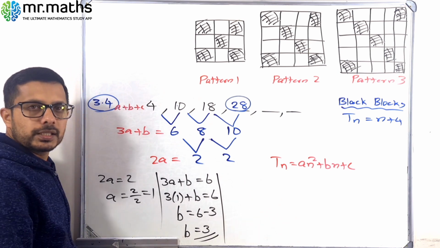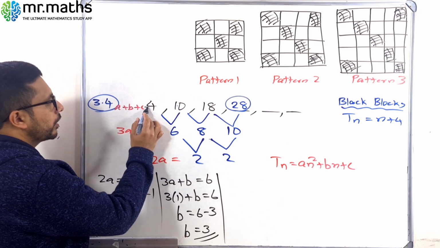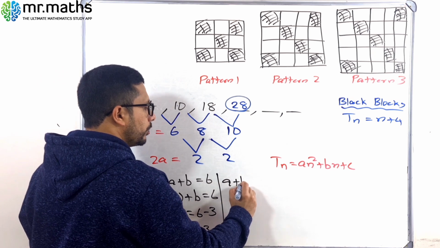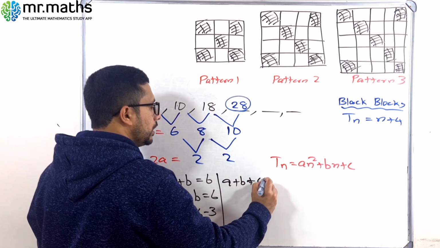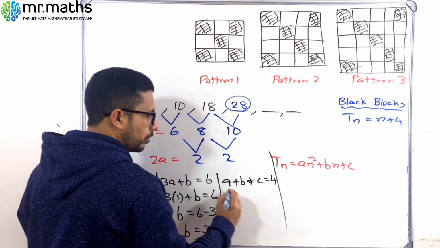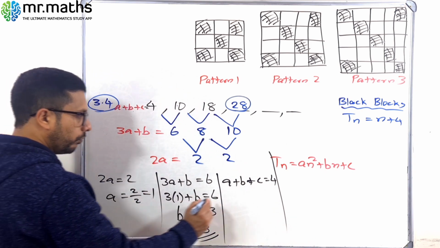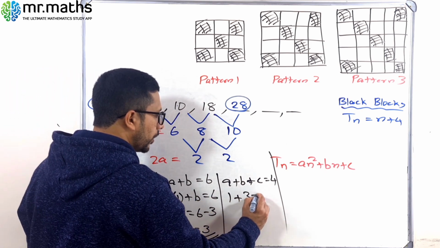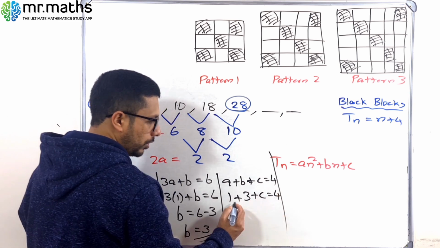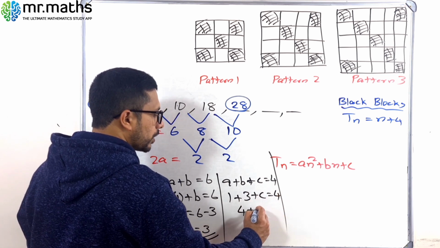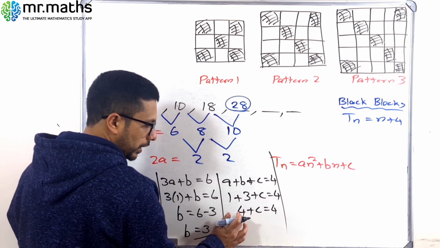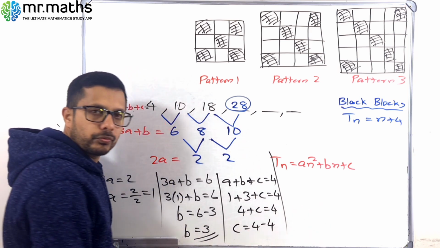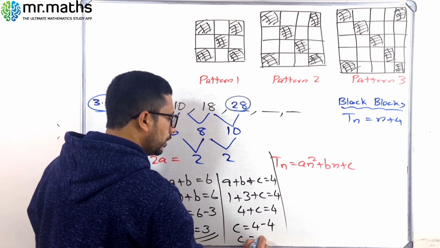Now we have to find c. We have another equation, a plus b plus c is equal to 4. a is 1, b is 3, so 1 plus 3 is 4. 4 plus c is equal to 4. If I take this 4 to the other side, c is equal to 4 minus 4. What is 4 minus 4? It is 0.